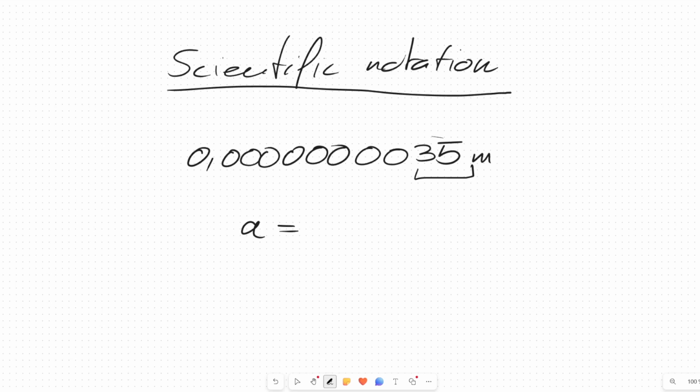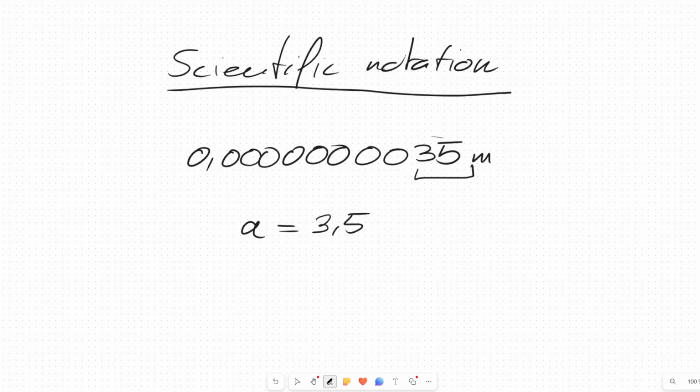But we're going to write 35 as a number between 1 and 10. How are we going to write this number? Basically 3.5, we move the comma so it is a number between 1 and 10. We will see different numbers now, since this is a bit different for other numbers. Don't rush too much. We're just going to cover some examples now.